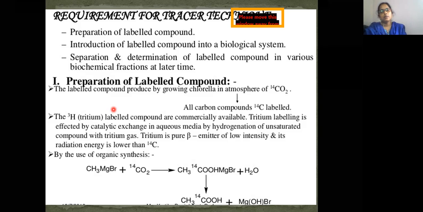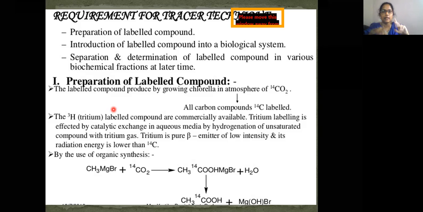So when you use the tritium, wherever the bonds are removed, the unsaturated is converted to saturated. If suppose you are taking ethene, CH2 double bond CH2, right? In such case, if you go for the hydrogenation of ethene, the double bond will be removed.